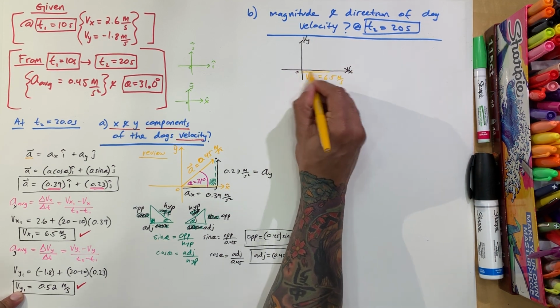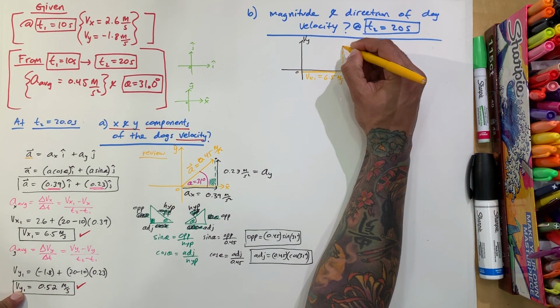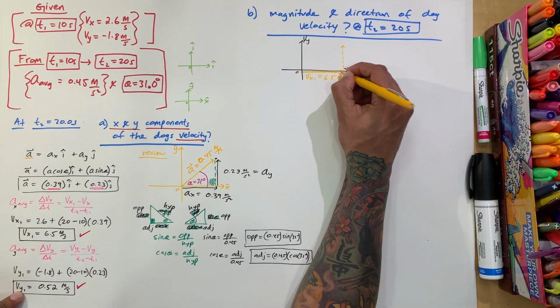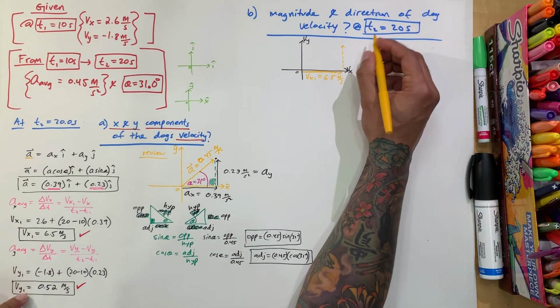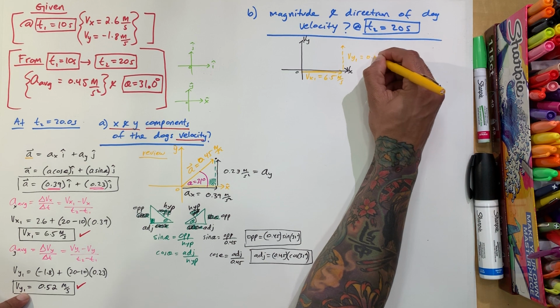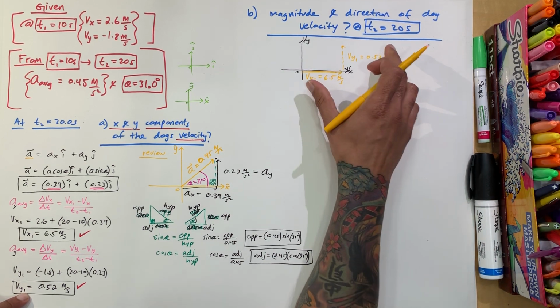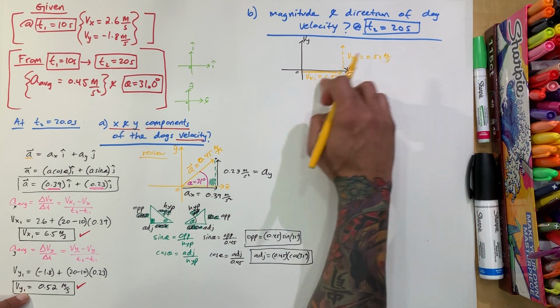That's this area here. And if we draw a dotted line this way with an arrow up, this one has an arrow sideways, we got Vy1 is equal to 0.52 meters per second. So these are the two things that we found.